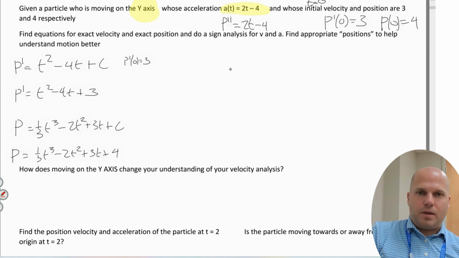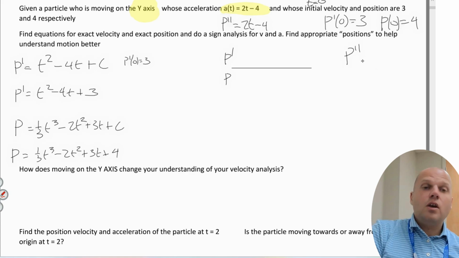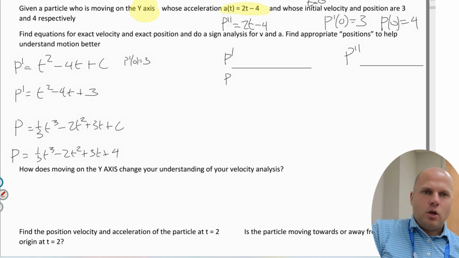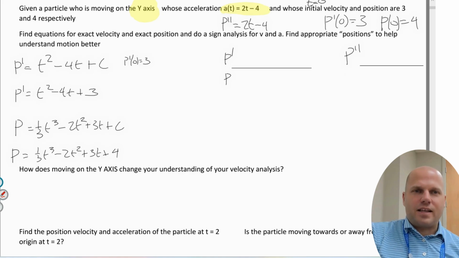I like to do a P prime analysis to tell me about my position increasing or decreasing. Then I like to do a P double prime analysis to figure out when my first derivative is increasing or decreasing, which will help me determine when I'm speeding up or slowing down. We're not going to really go to concavity, but the concavity of the graph of position helps us understand speeding up or slowing down.